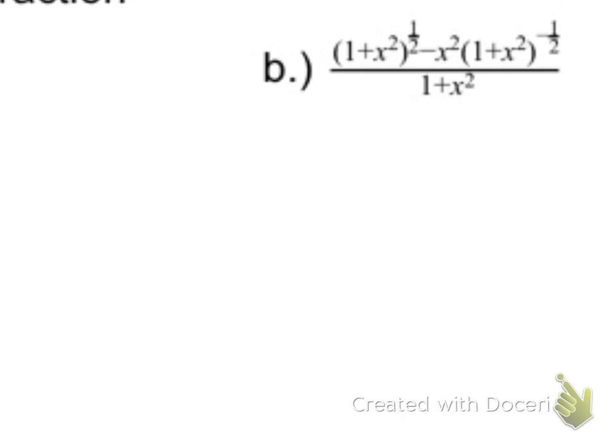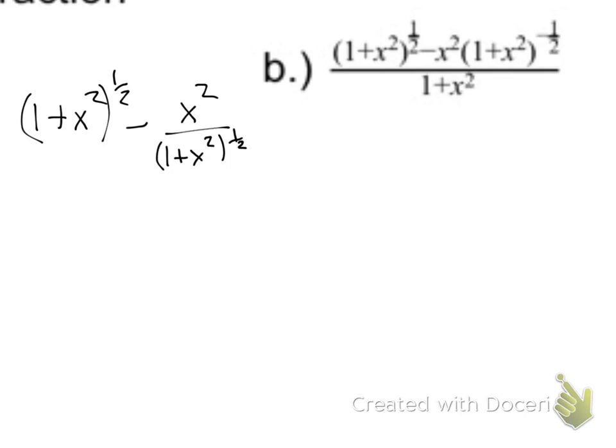So you'd have to rewrite it as 1 plus x squared to the 1/2, is it? Minus x squared over 1 plus x squared to the positive 1/2 now, all over 1 plus x squared. Can we write these guys over 1 though?